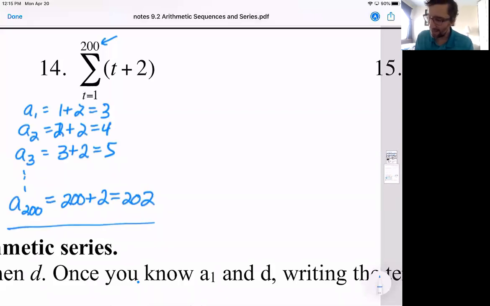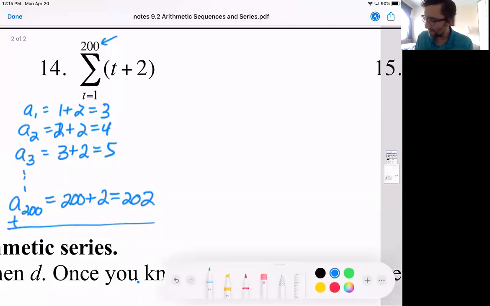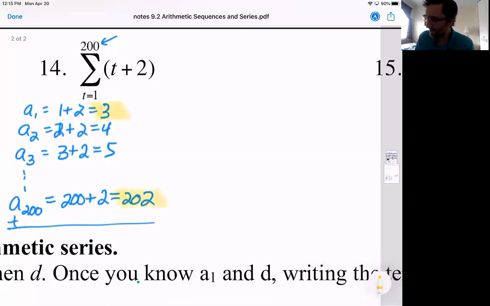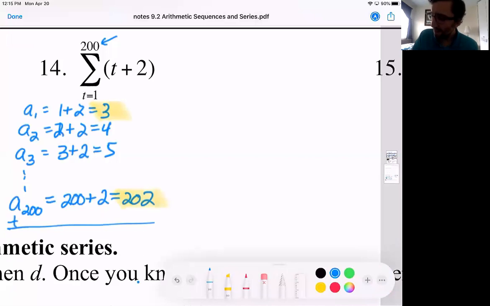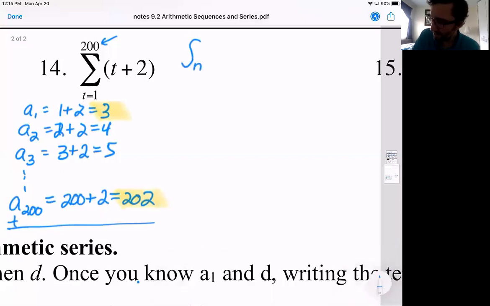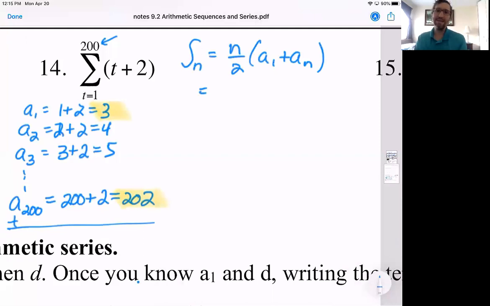So we need to add all these numbers up, but it's not really going to work. But let's just take the first and the last terms. In our general formula, n over 2, a sub 1 plus a sub n. What is our n? How many terms do we have? Well, we're going from 1 to 200. So that's 200 terms, divided by 2.